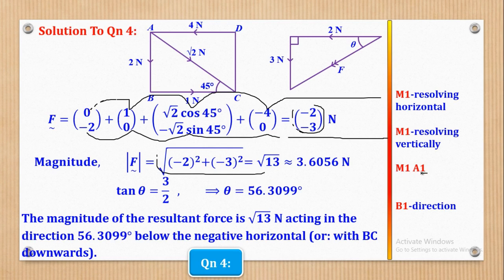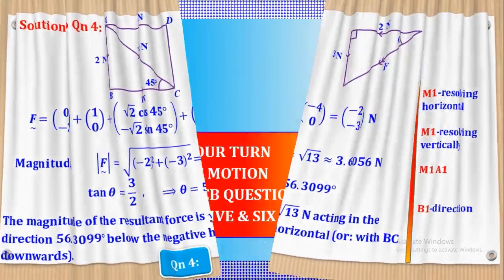Then this A1 is for this result, the magnitude, which is 3.6056 newtons. Then the B1 is for the correct direction. So this conclusion, that's why you get your B1. So basically that's how the 5 marks could come about.